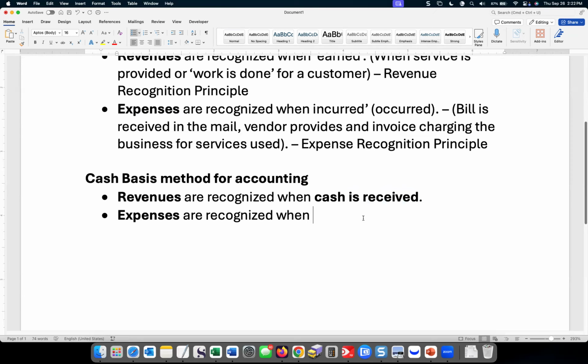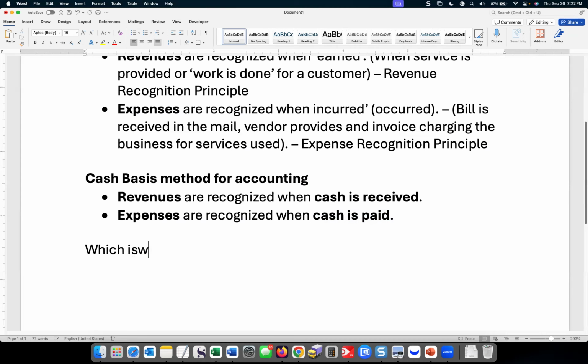And expenses are recognized when cash is paid. So the motivating factor for recognition of revenues and expenses following the cash basis is all about money going in, money going out.